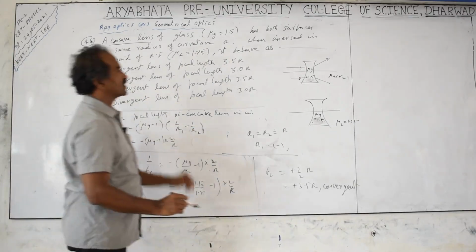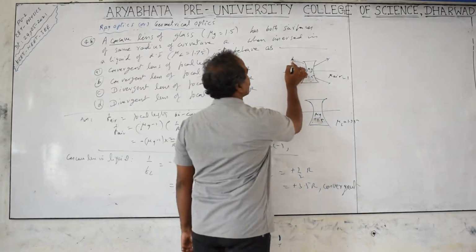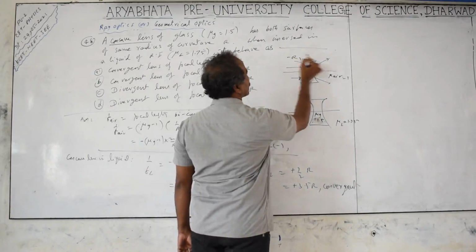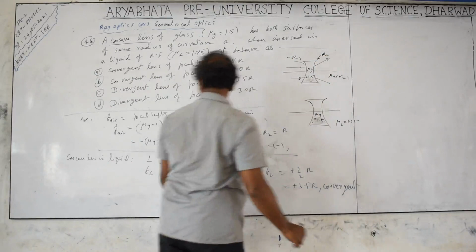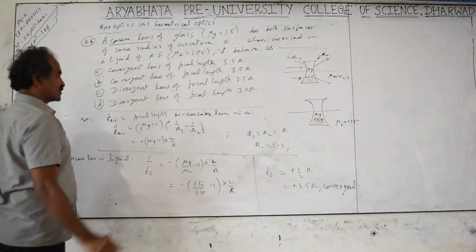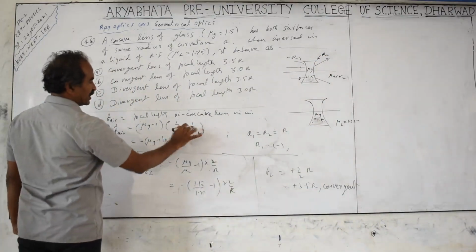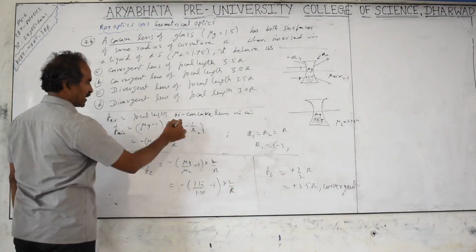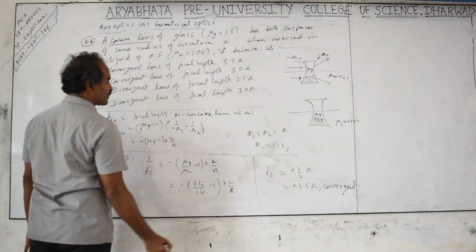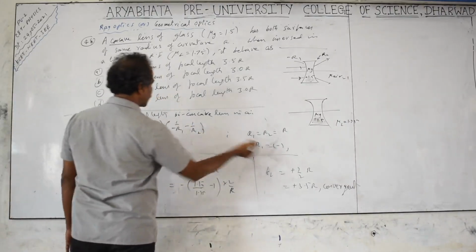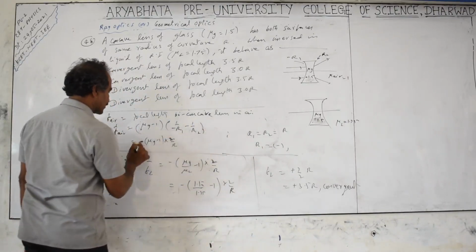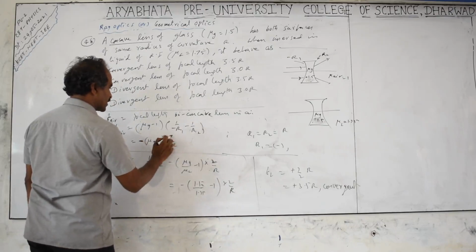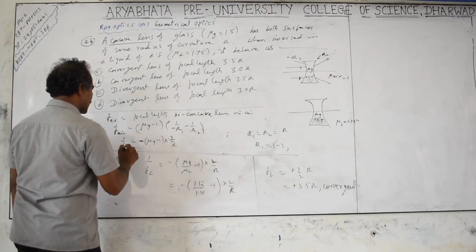For the radii of curvature, the first radius R1 is on the left side, so it becomes minus. The right side radius R2 is positive. So R1 is negative, equal to minus R, and R2 equals R. The result is that 1 by R means minus 1 by 2R, that is, minus 1 by 2R in air.